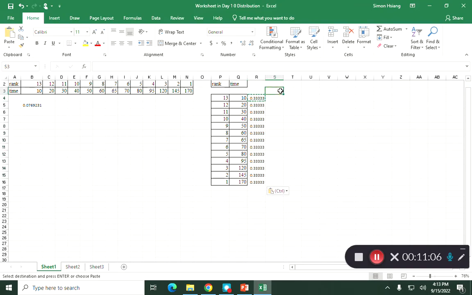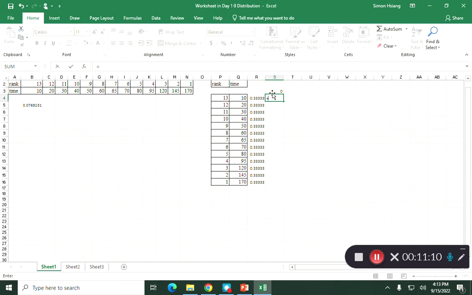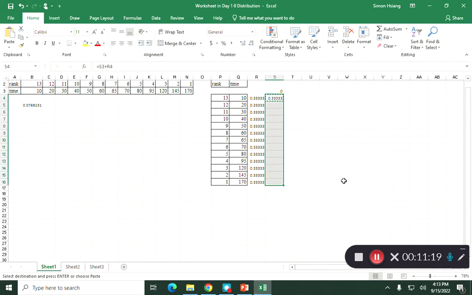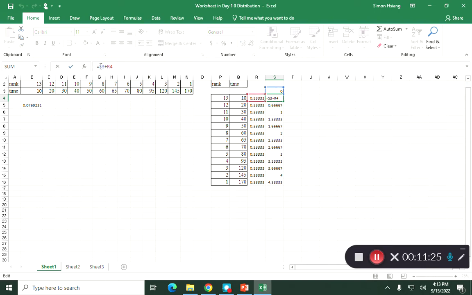And then the first value is 0. So I can say that this is equal to 4 plus the increment. So last one, what did I do wrong?